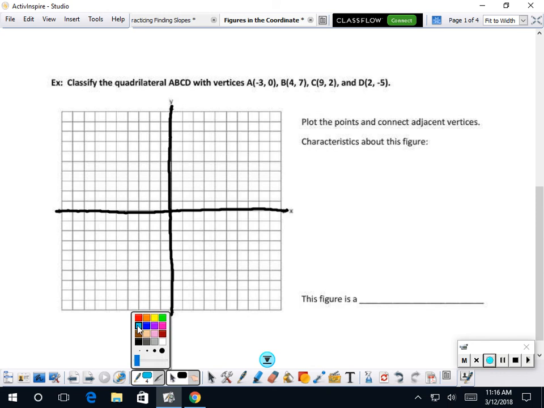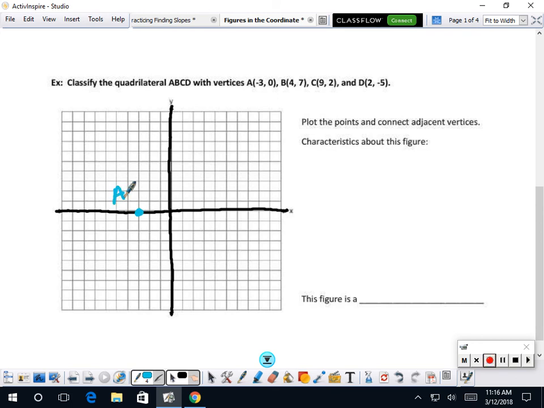Okay, so I have points at A is negative 3, 0. B is at 4, 7. C is at 9, 2. And D is at 2, negative 5. Okay, so we're going to plot these points. So A is at negative 3, 0. So it's actually on the x-axis.